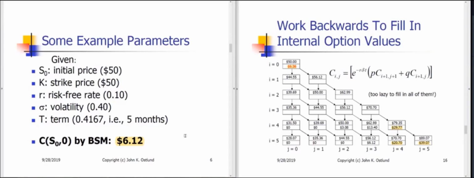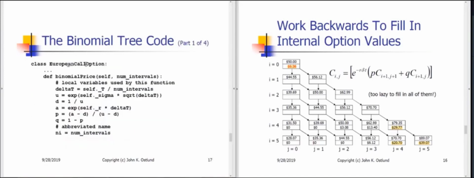Let's take a look at some code that implements this model. Okay, so here on slide 17, we had previously defined the init function for initializing a European call option object, and here is the beginning of our binomial price function. The European call option object has most of the parameters baked into it. To use the binomial model to calculate the price, we have to specify how many time intervals we want to use.